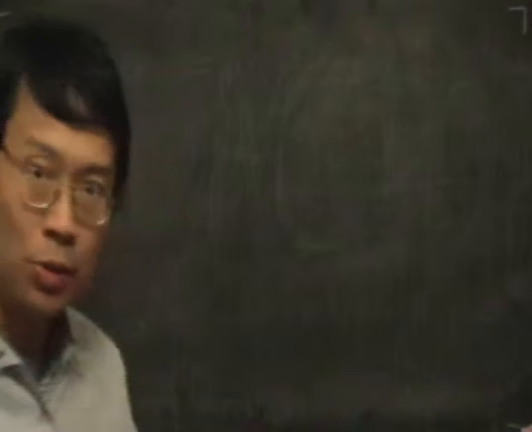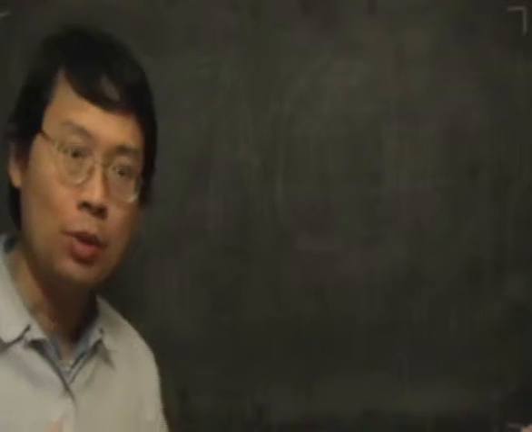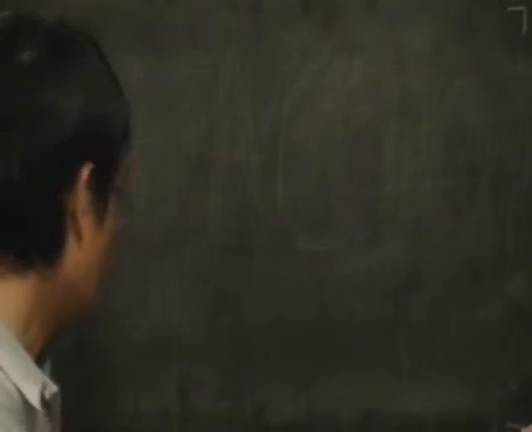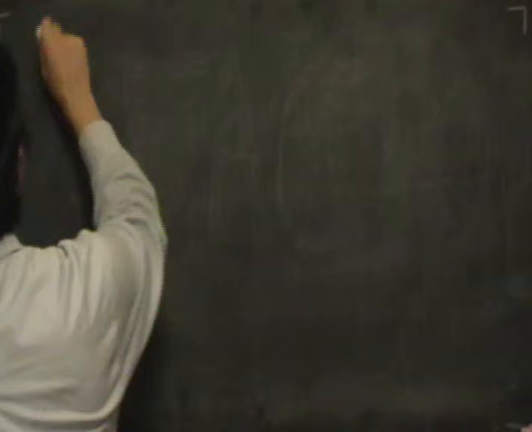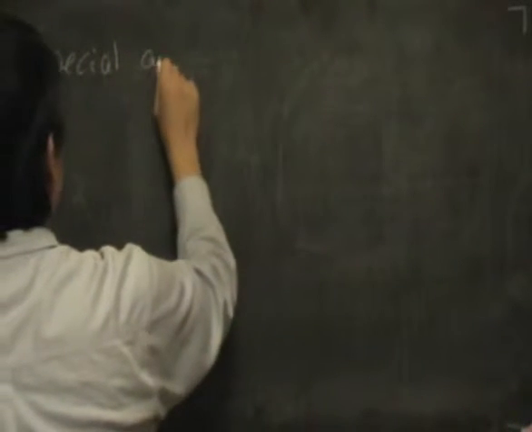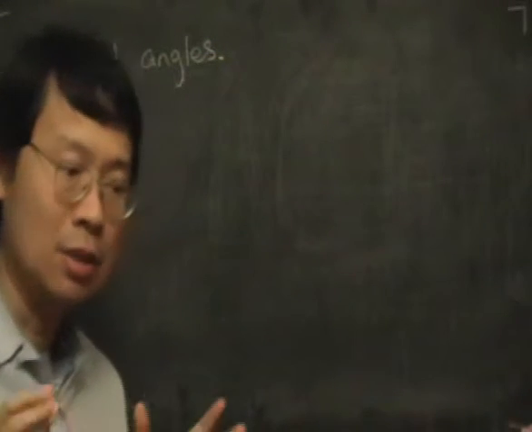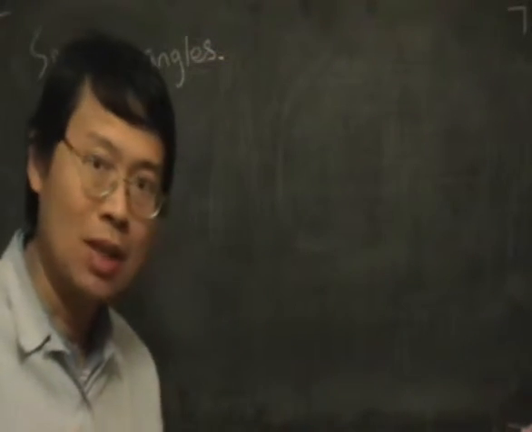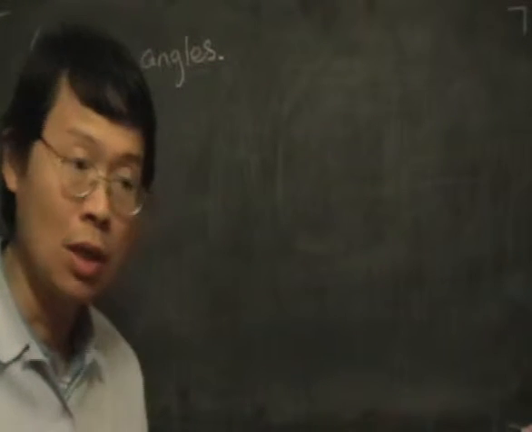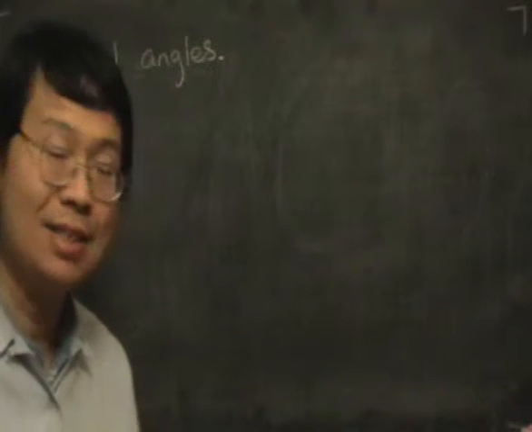Hello, we are going to continue with trigonometry. In this session, we are going to look at special angles. Special angles is about certain angles whose sines and cosines can be calculated quite easily.